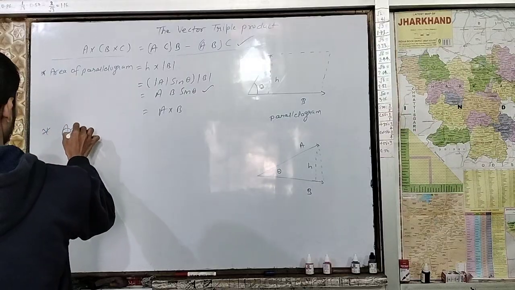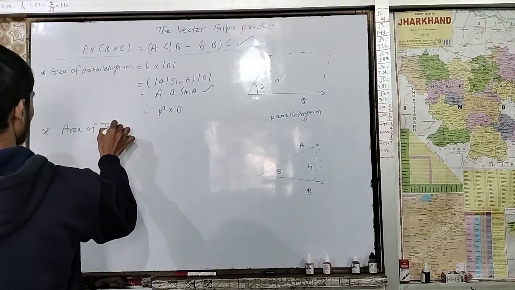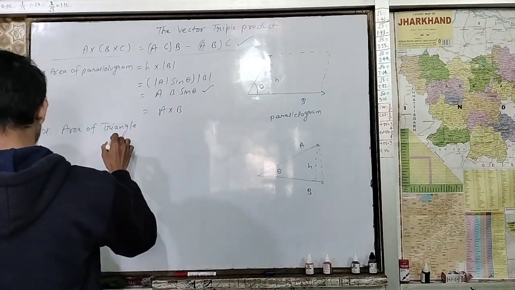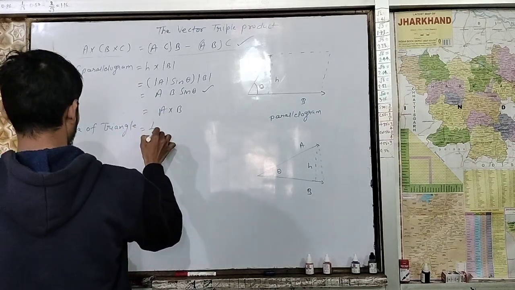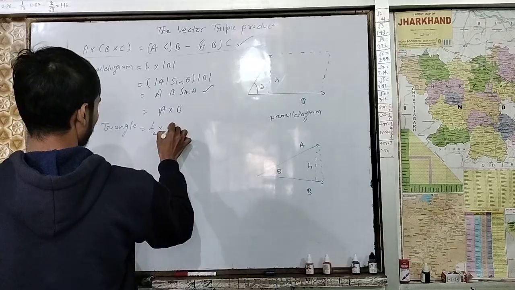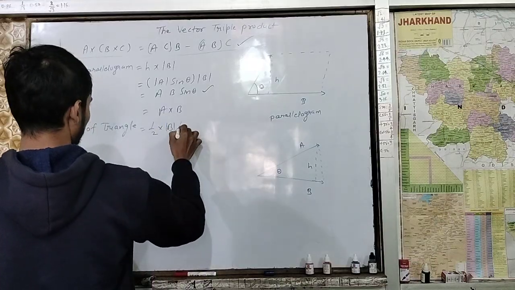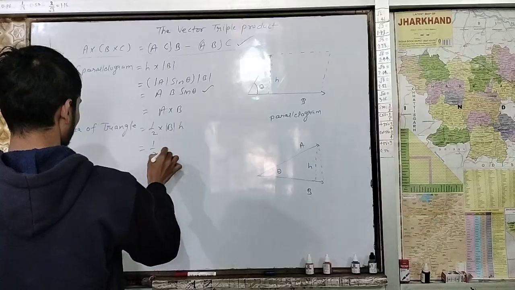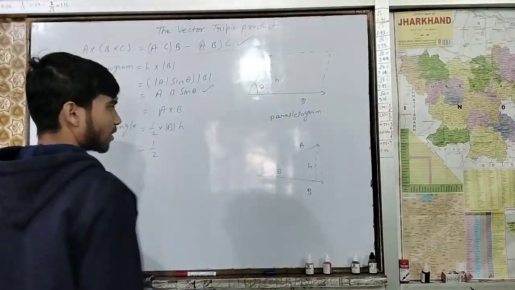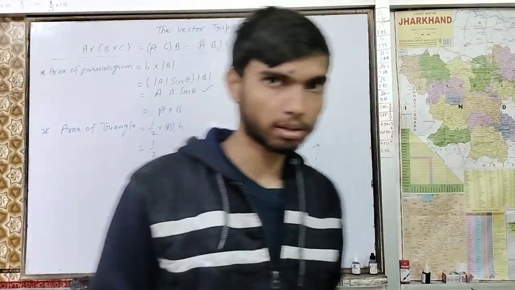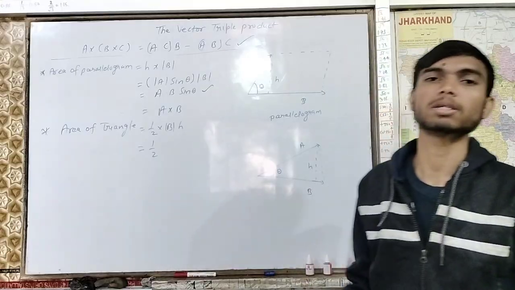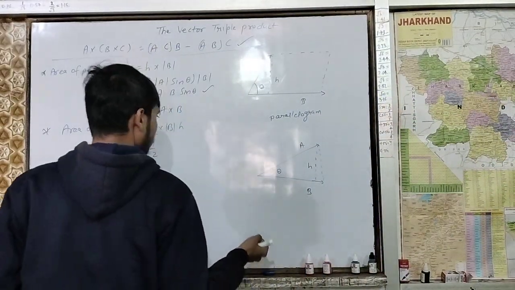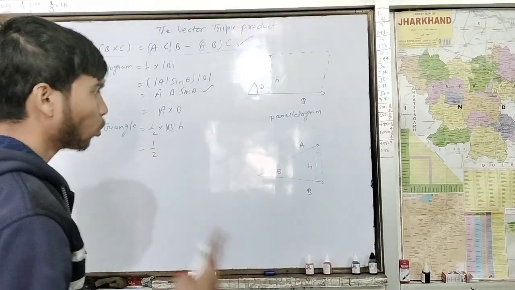So the area of a triangle would be equal to half into this base into H. Here we don't have an exact value of the vertical. That's why it is compulsory to break it into two components.